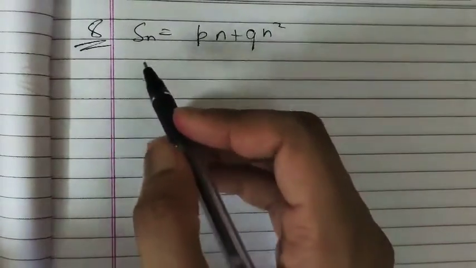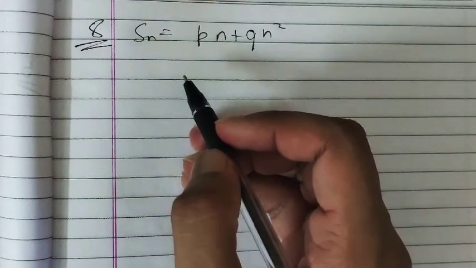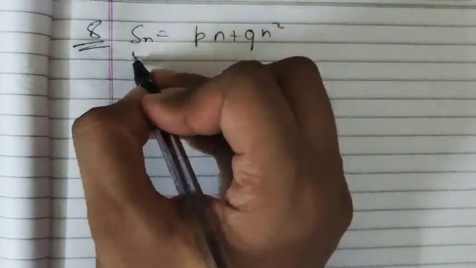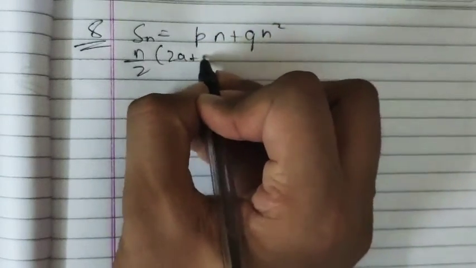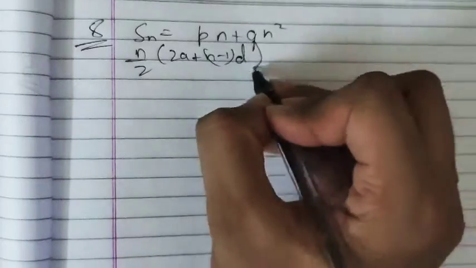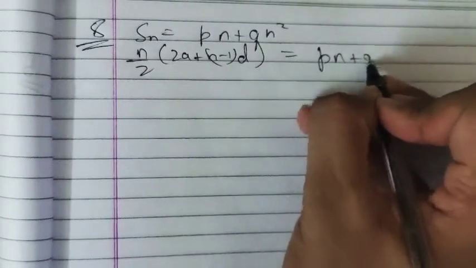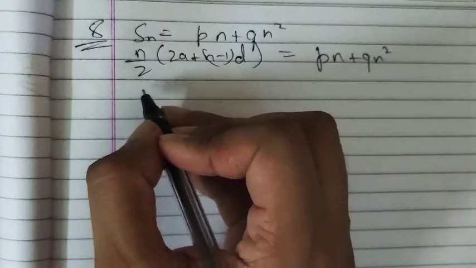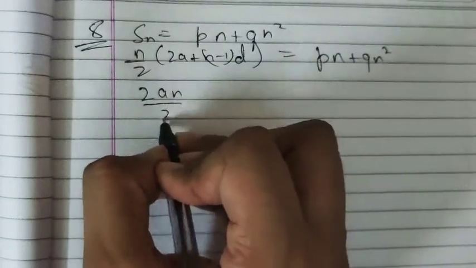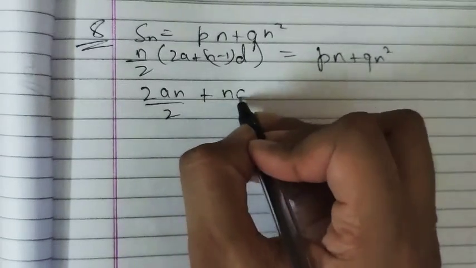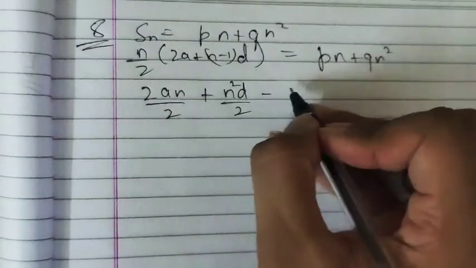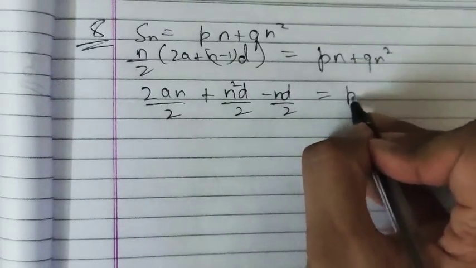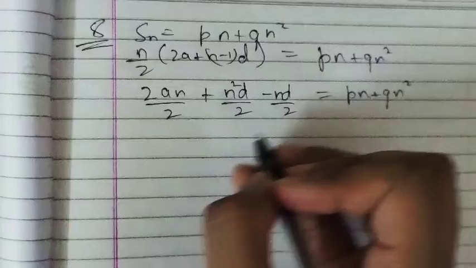Next is Sn is given Pn plus Qn square, right? So we have to determine common difference. So Sn formula is n by 2, 2a plus n minus 1 d is equal to Pn plus Qn square. So this will be 2an upon 2 plus n square d upon 2 minus n d upon 2 is equal to Pn plus Qn square.